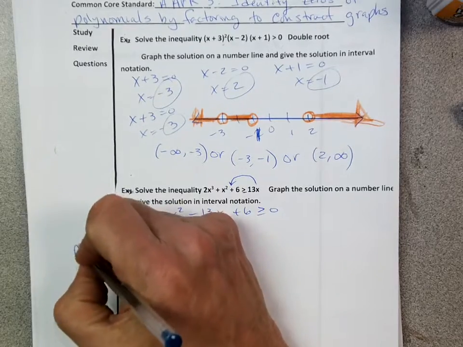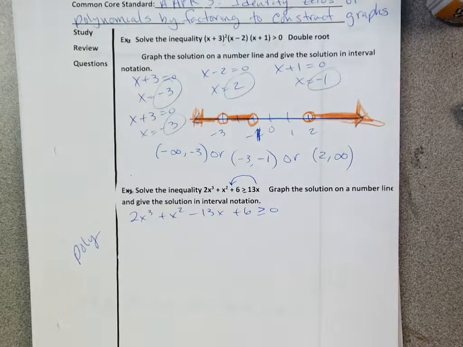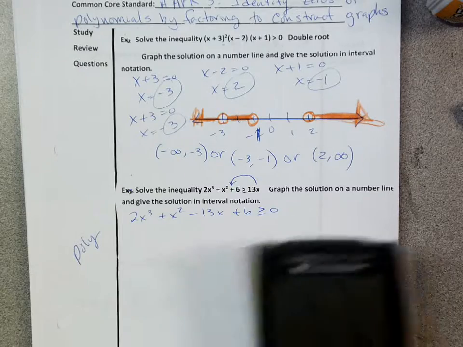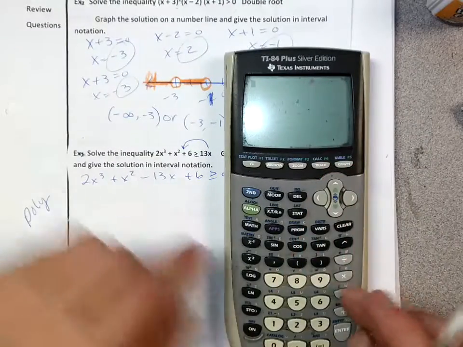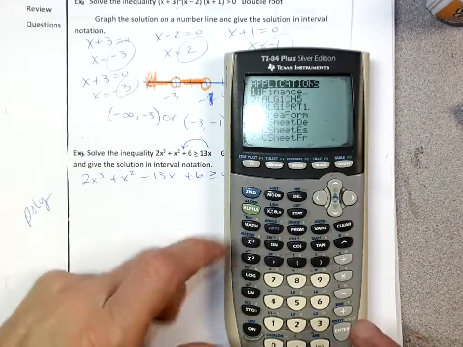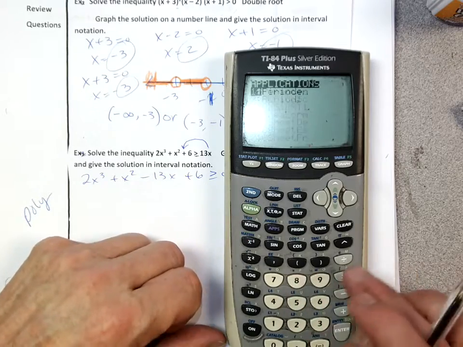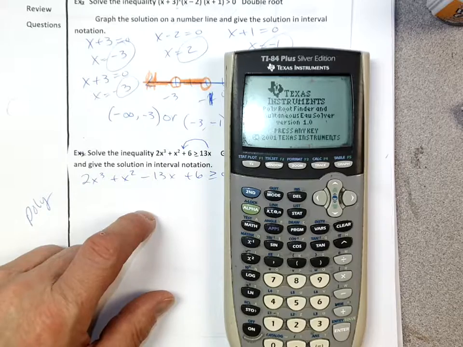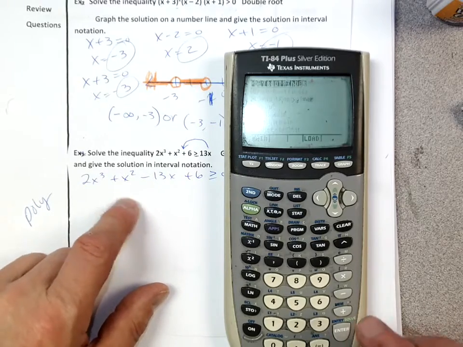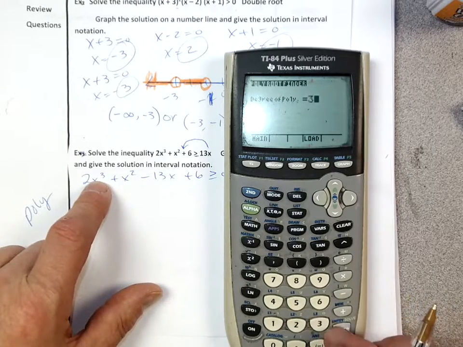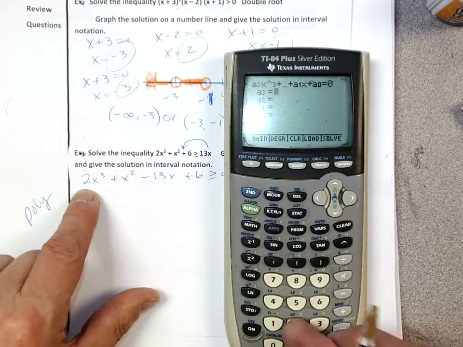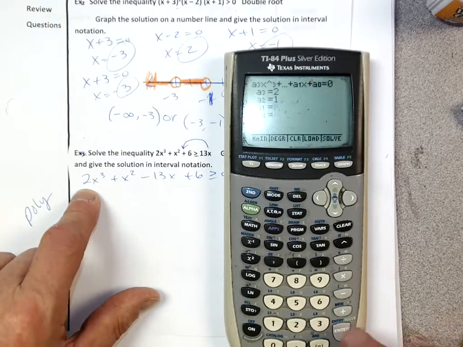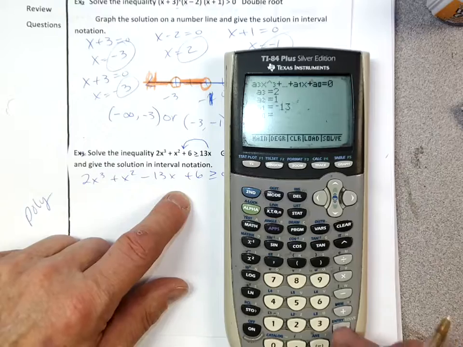Right, let's use our poly button. It won't factor. I have no clue. So let's use our poly button. What the heck, right? So I'm going to go to apps, go to my poly. Order 3, right? Order 3. I'll go 2, 1, negative 13, 6, right?